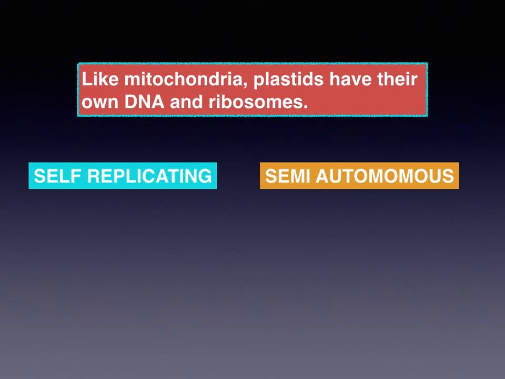Along with it, I did mention that plastids are a second organelle found in plants which contain DNA and ribosomes. So they are also semi-autonomous or self-replicating in nature. Sometimes, just to trick you, they can ask this question: name organelles which are self-replicating or semi-autonomous. So you can remember this from there.